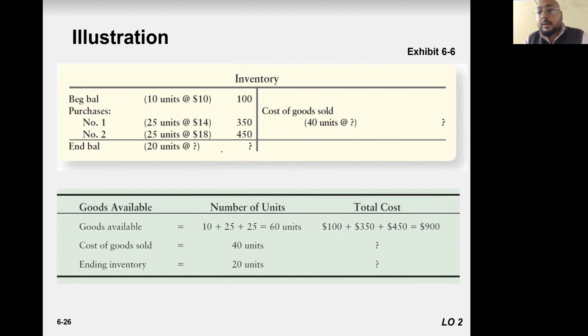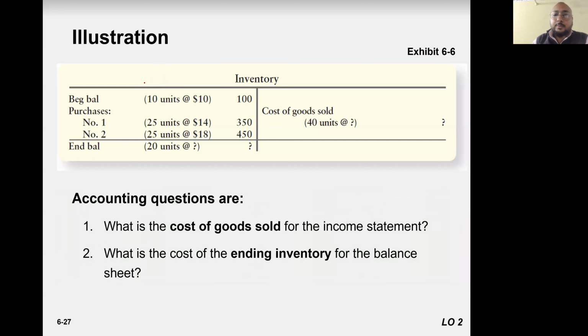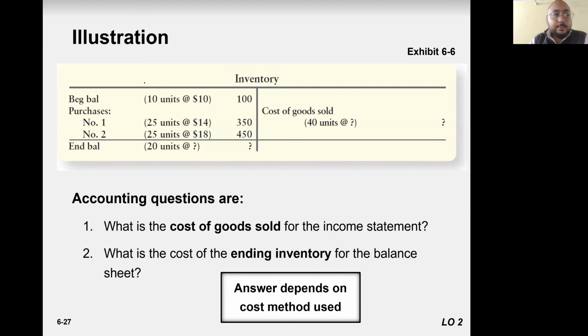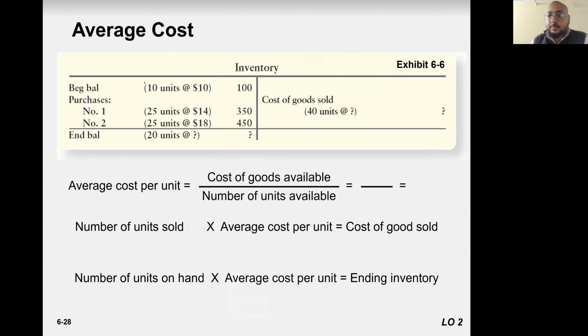In every method, you add all the inventories with their costs respectively. So 100 plus 350 plus 450, the answer is 900. And how many units do you have? 60. So 900 divided by 60, what is the answer? $15.